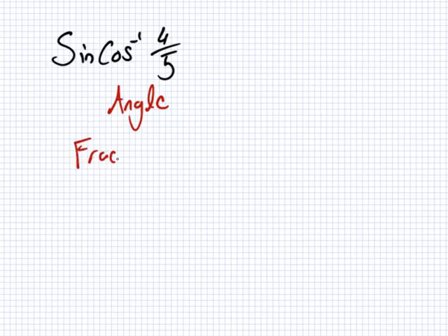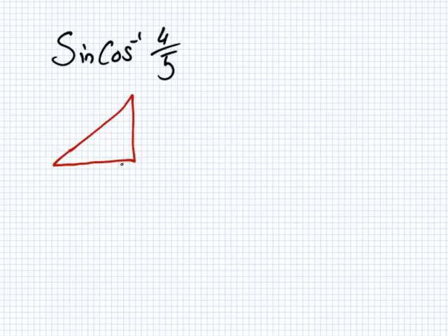Fraction. So my final answer should be a fraction. Okay, good. Now, cos inverse gives me an angle. Agreed? It gives me the angle for the triangle whose adjacent is 4 and hypotenuse is 5. So from Pythagoras, what's this side? 3.